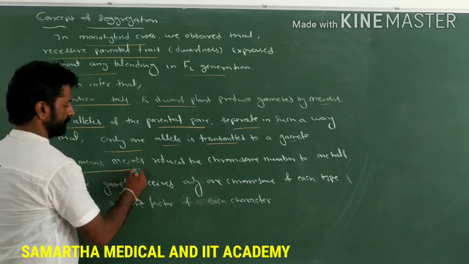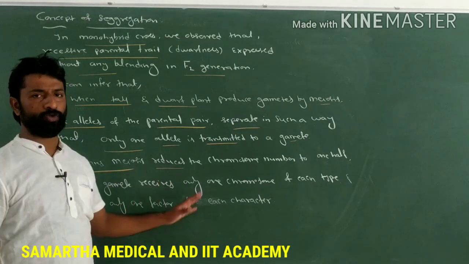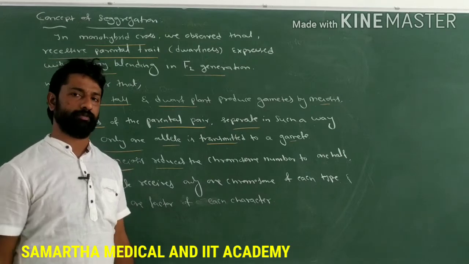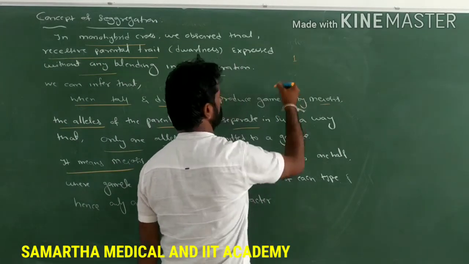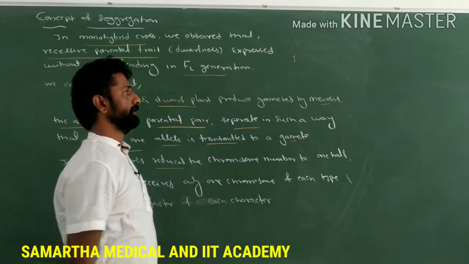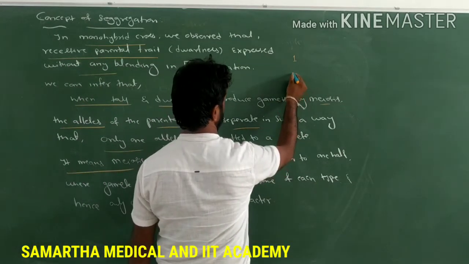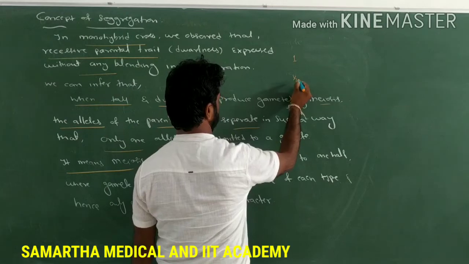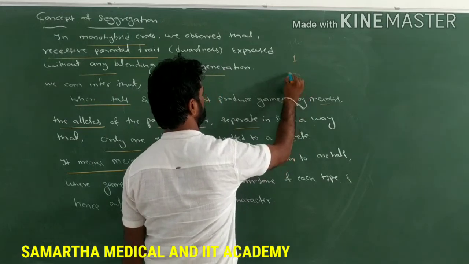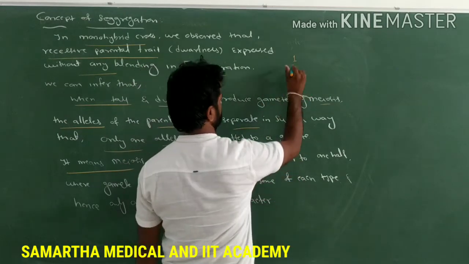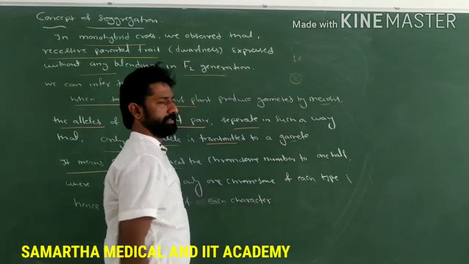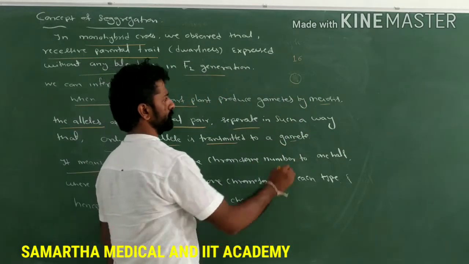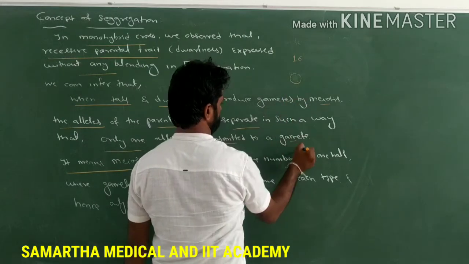Meiosis reduces the chromosome number to one half. If one chromosome is present in the parent, how much will be received into the gamete? Only half. If 16 chromosomes are present in parental cells, how many will the gamete receive?